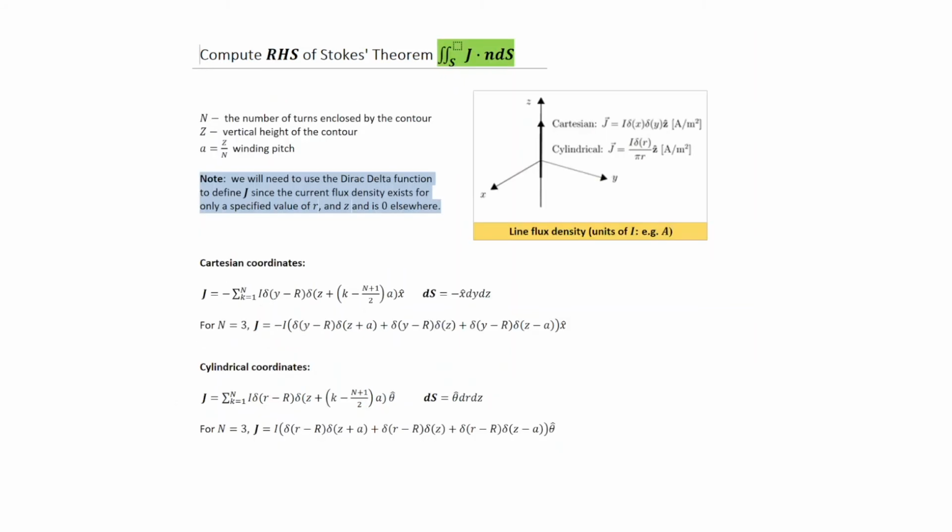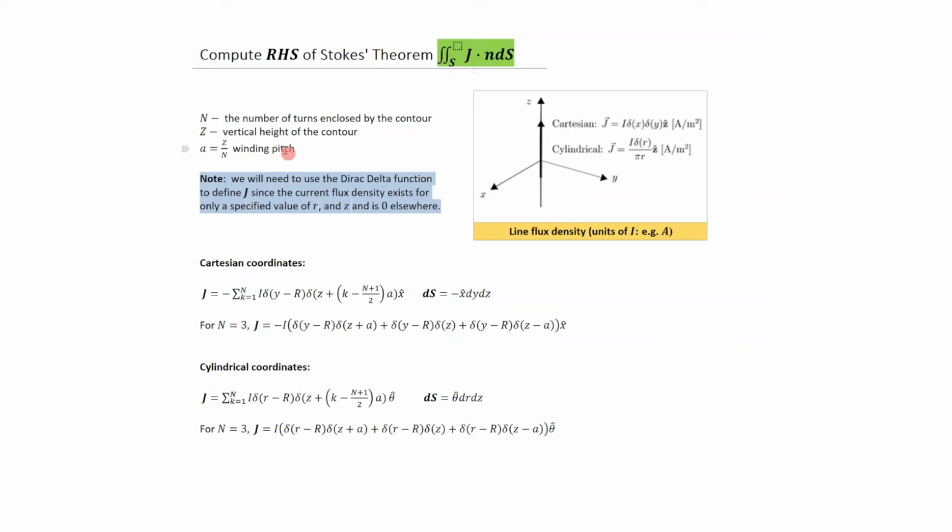Okay, so we've now basically set things up on the left-hand side, and so now we need to compute the right-hand side, which involves current flux density and the differential surface area, basically over the area bounded by the contour that we've chosen. N is the number of turns enclosed by the contour.